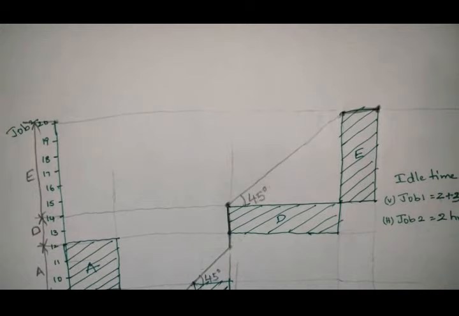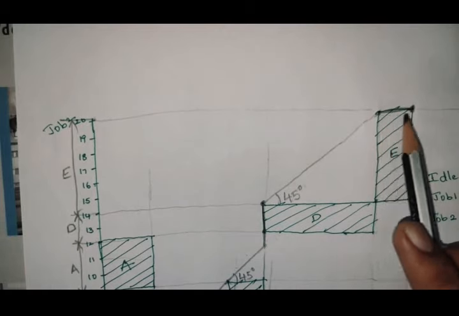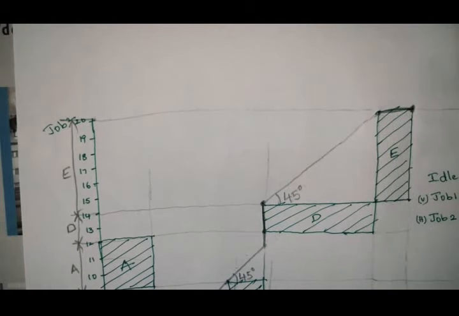And if a horizontal line is there, then job 1 is in running condition and job 2 is in idle condition. So like that we need to understand.